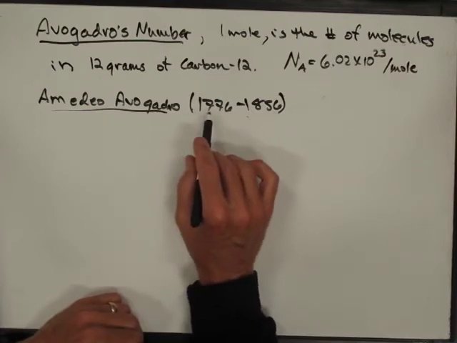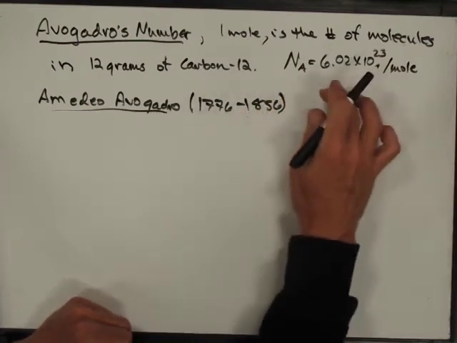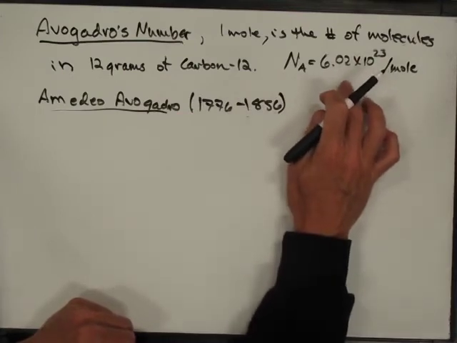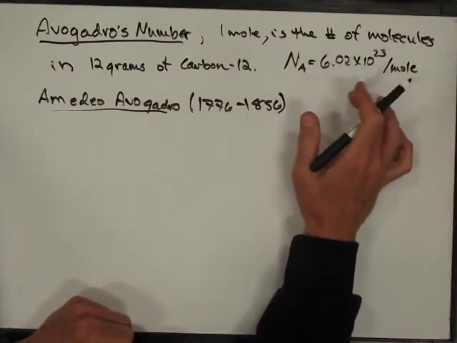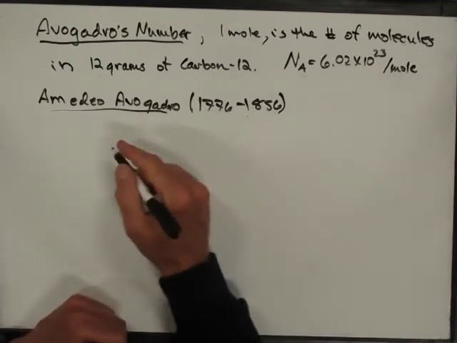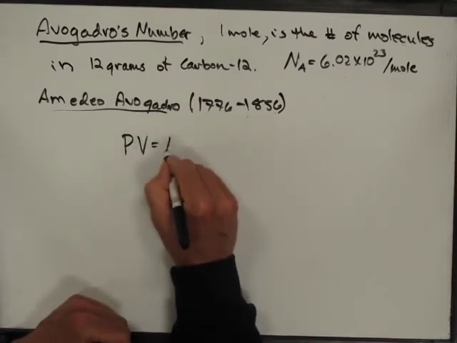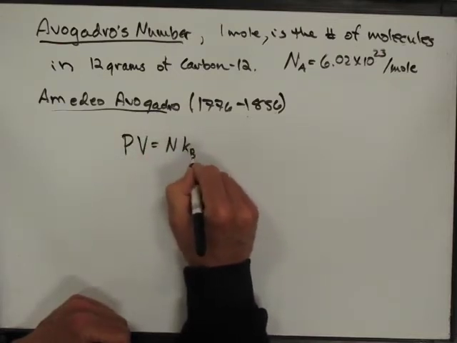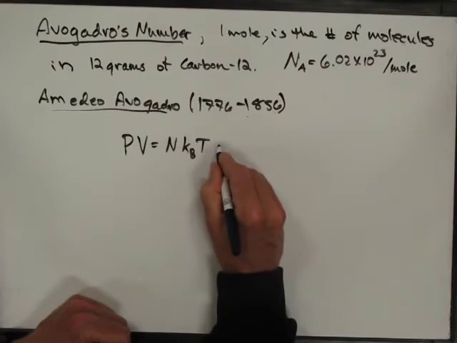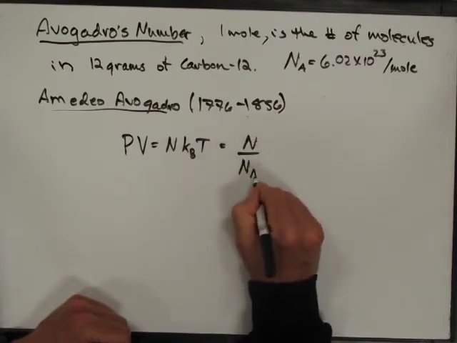Amedeo Avogadro lived from 1776 to 1856. A useful thing to do with this is to employ Avogadro's number when talking about gases, so that we're not working with enormous numbers of molecules, but a more reasonable number. We can take the gas law as we have it so far, and divide and multiply by Avogadro's number.